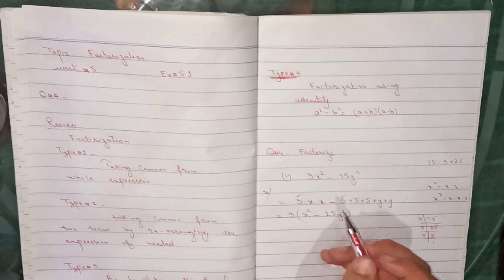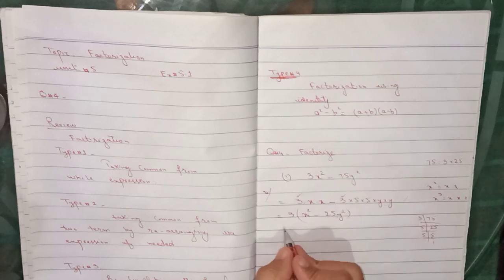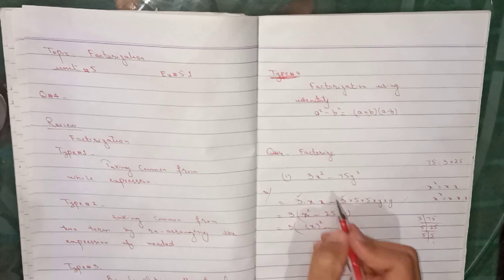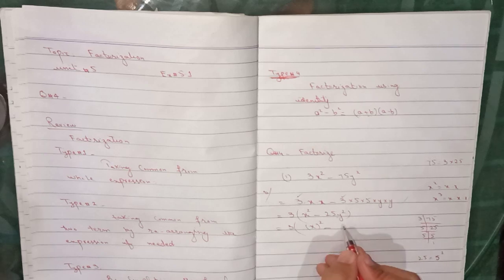Now this is the type of a square and this is the type of b square. If I express x square as x whole square, and 25 is the square of what number, 5 squared, and 25y square can be written as 5y whole square.